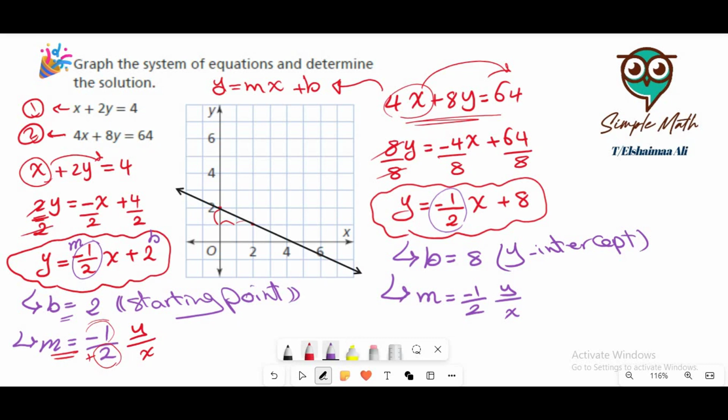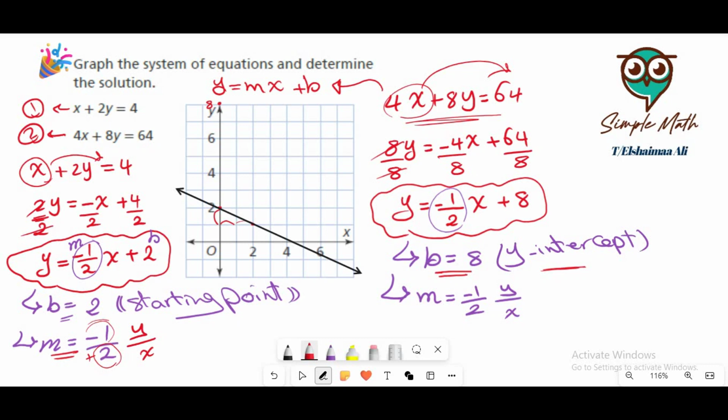So let's start to draw it. My starting point is equal to 8, and 8 will always be on the y-axis because b is the y-intercept. We need to draw 8: here we have 6, 7, 8. So here it is, my starting point on 8.